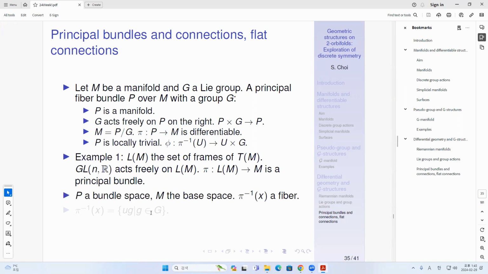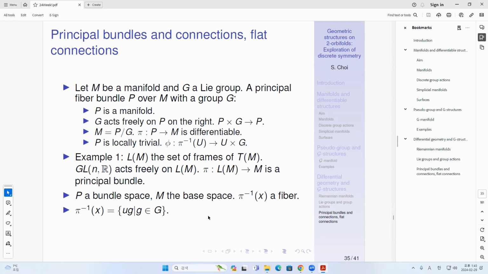So P is a bundle space. You say P is a bundle space, M is a base space, and pi inverse of x is called the fiber. For any point, the inverse image is called the fiber. Of course, the fiber is defined for more general settings than just principal bundles.